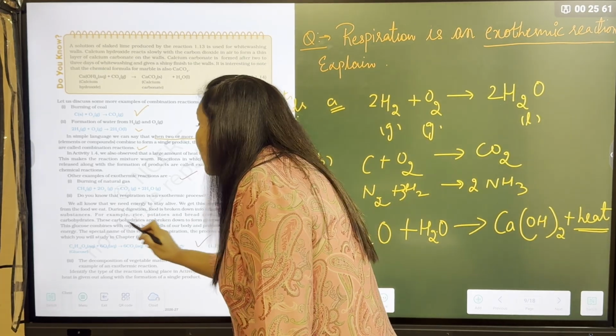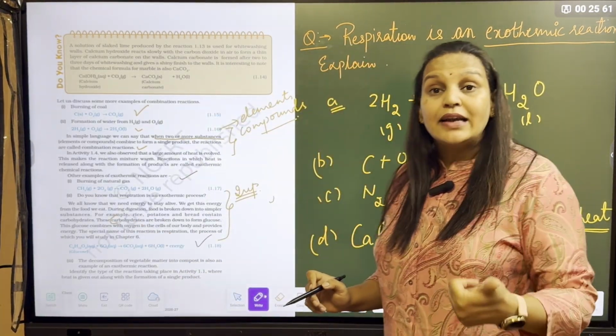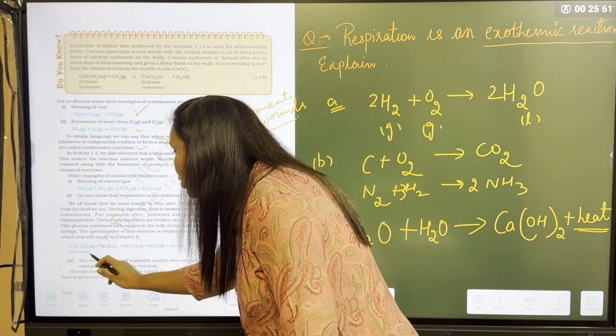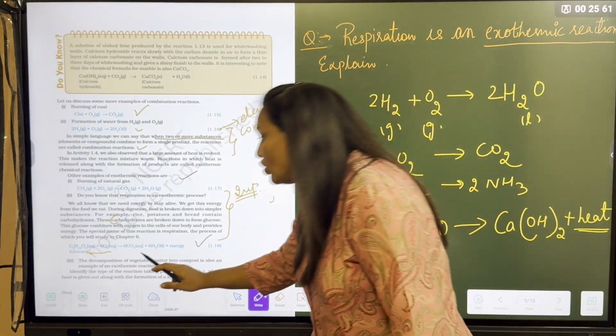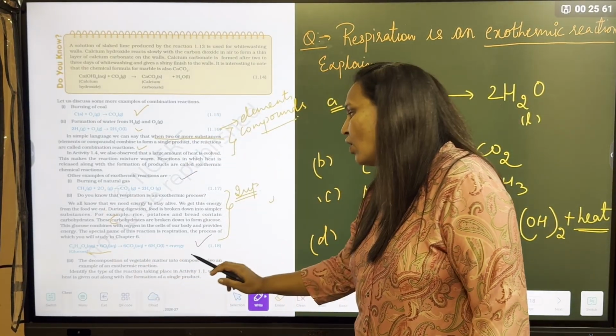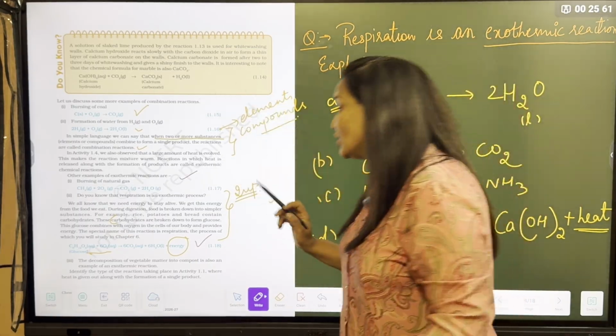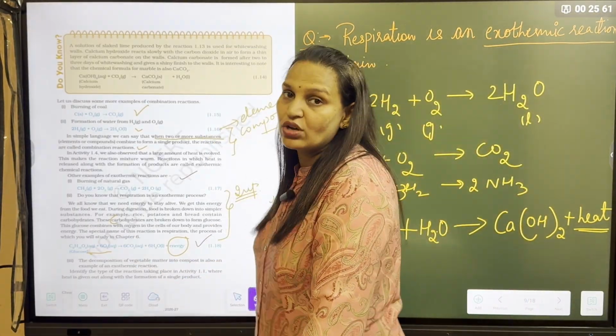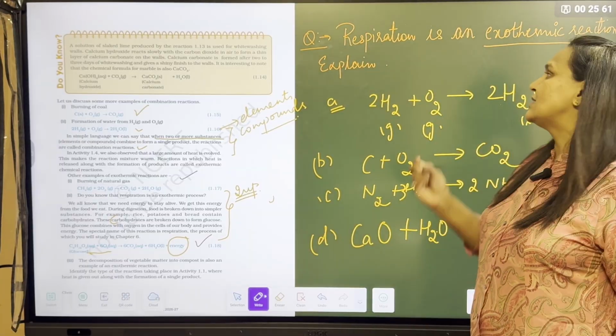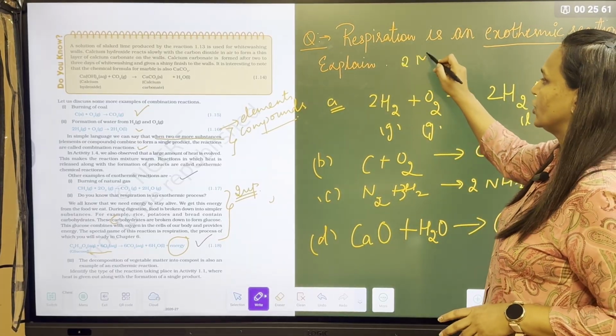Respiration is an exothermic reaction. Explain. The carbohydrate, which carbohydrate? Glucose, is broken down with oxygen to give carbon dioxide, water, and energy is given out. So respiration is an exothermic reaction. In the exam, it is like a 2 marks question.